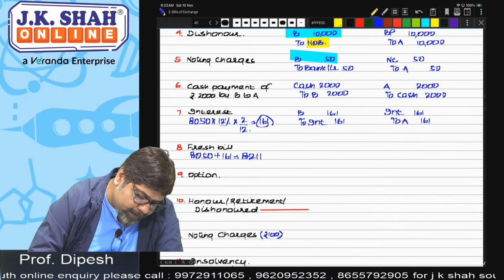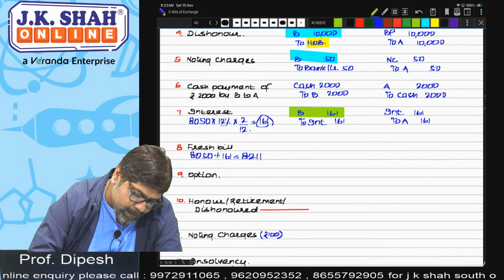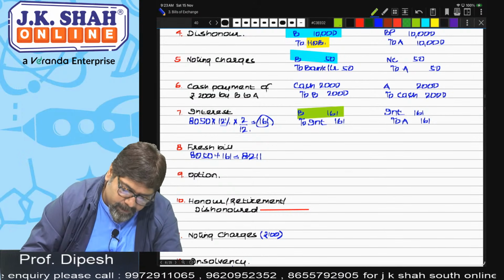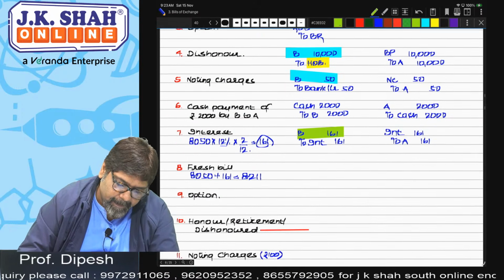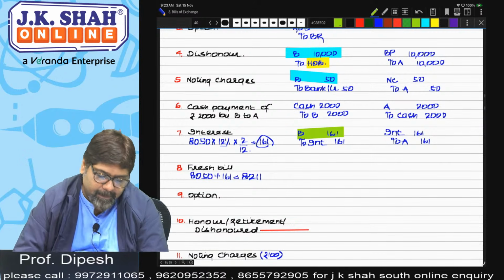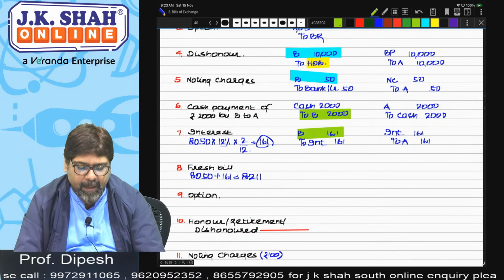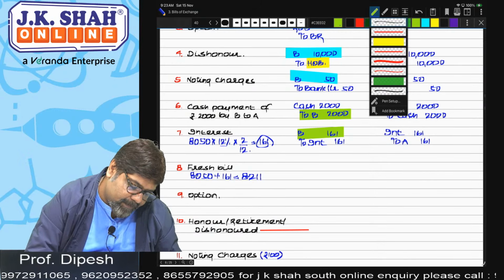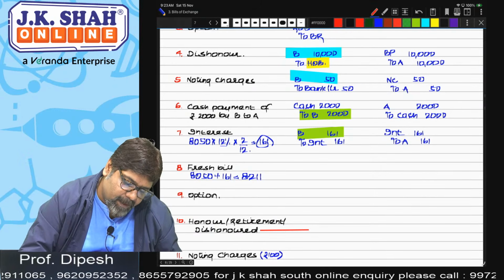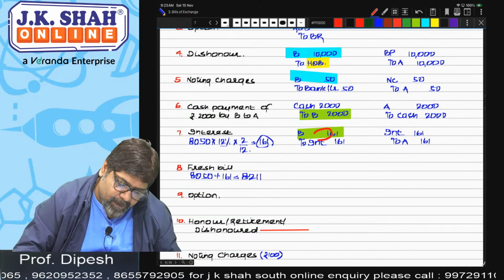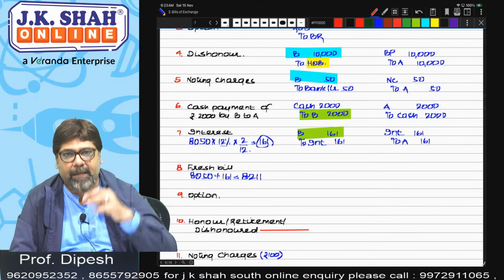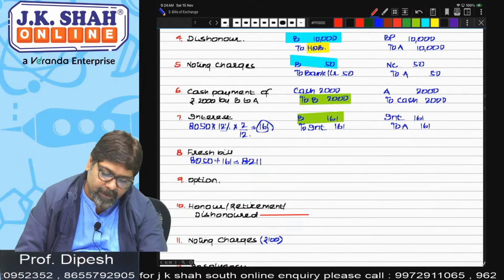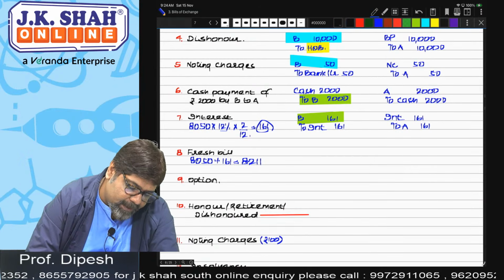So chartered, if you see carefully, how much am I supposed to receive from B? 10,000 plus 50 minus 2,000 plus 161. This is the amount receivable, and that gives you 8,211.